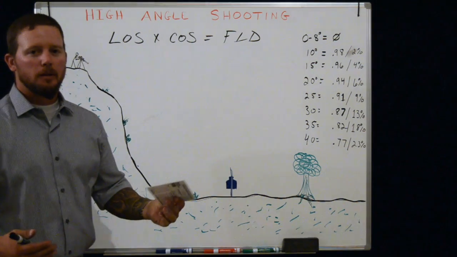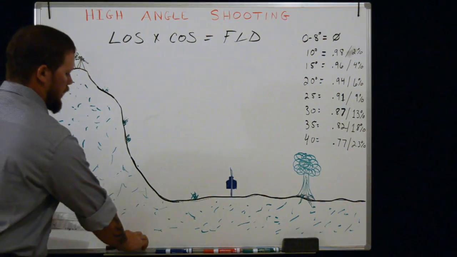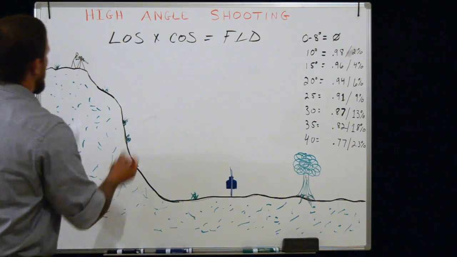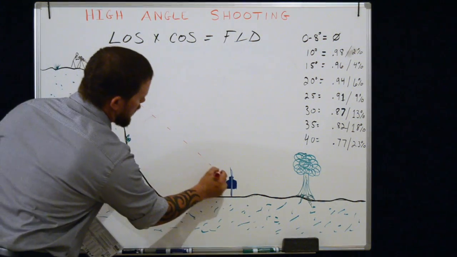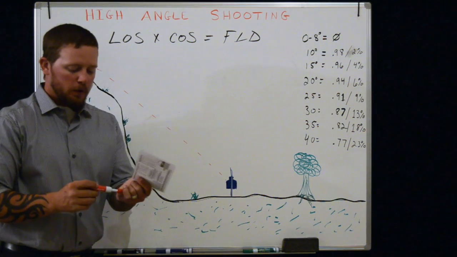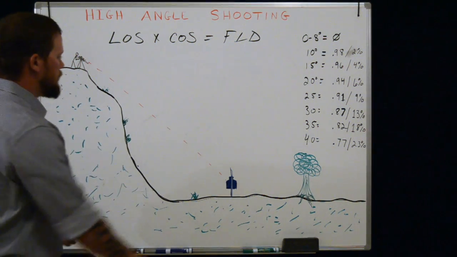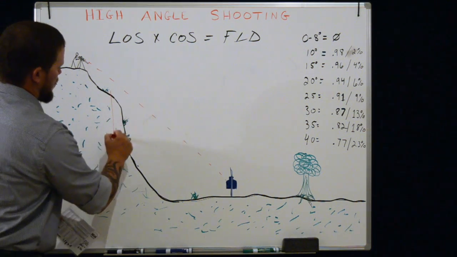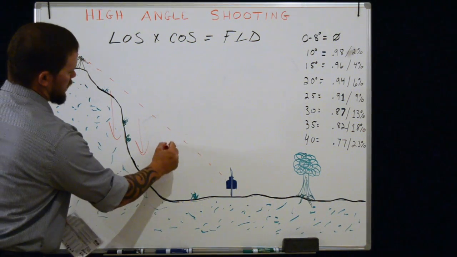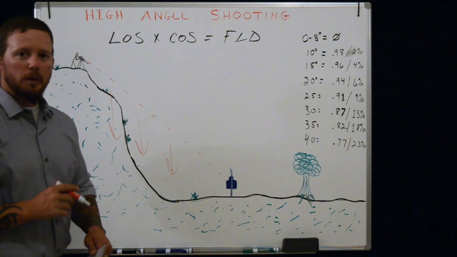So what are we trying to achieve with this? Well, it's very simple. Okay? First off, our line of sight is a direct line through the scope to the target. It's one straight line. Now the problem is gravity affects the projectile on a straight pull down.